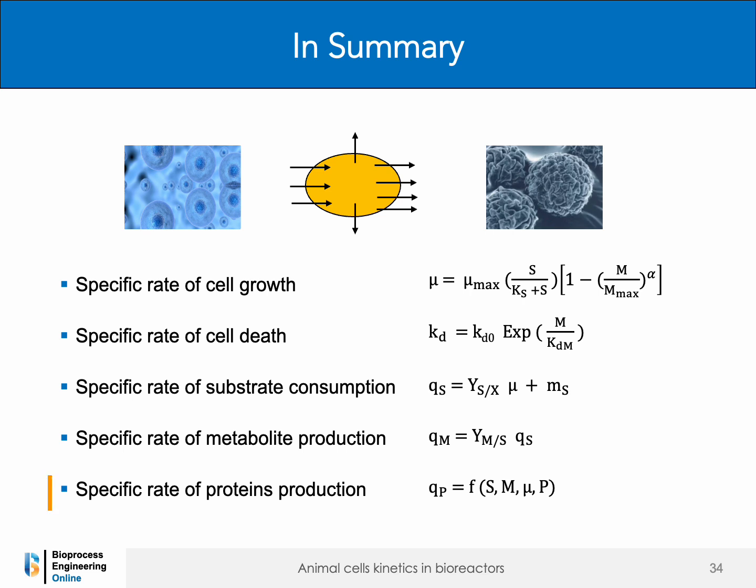And finally, recombinant protein production models, which describe how protein synthesis depends on nutrient availability, metabolite accumulation, cell growth, and product inhibition. Together, these kinetic laws form the foundation of mathematical models used to simulate, optimize, and scale up animal cell culture processes.